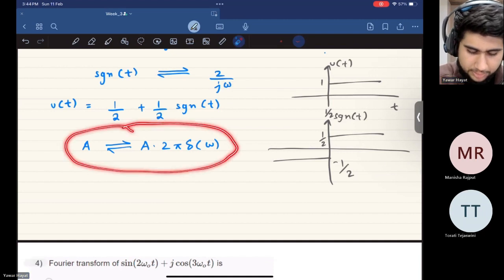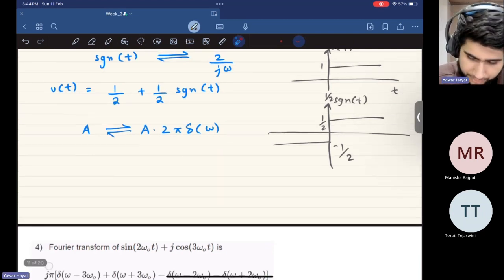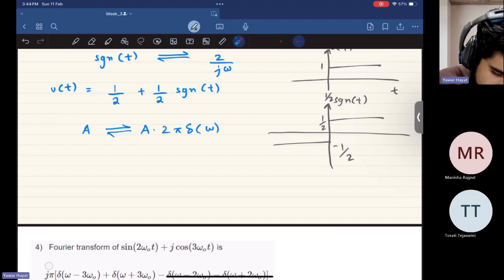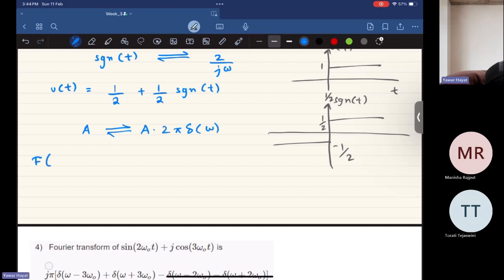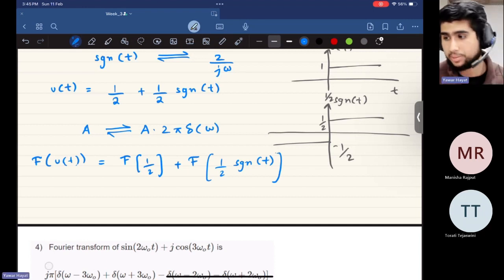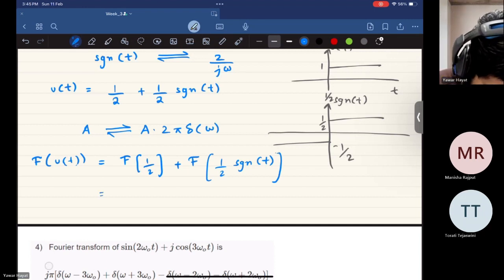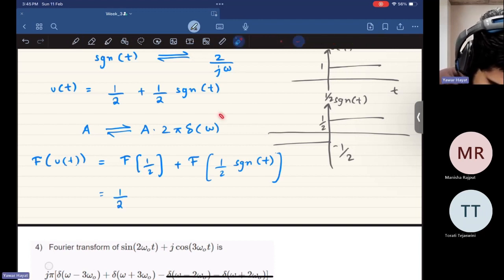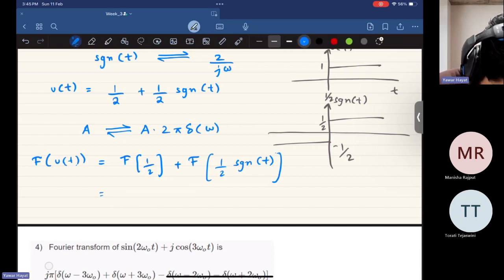So we can write the Fourier transform of u of t as the Fourier transform of half plus the Fourier transform of half signum of t. Using this result, half times 2 pi delta of omega is nothing but pi times delta of omega.